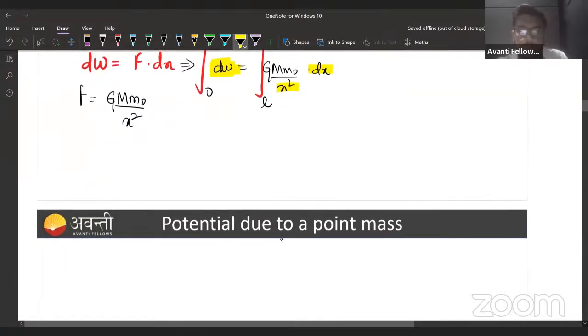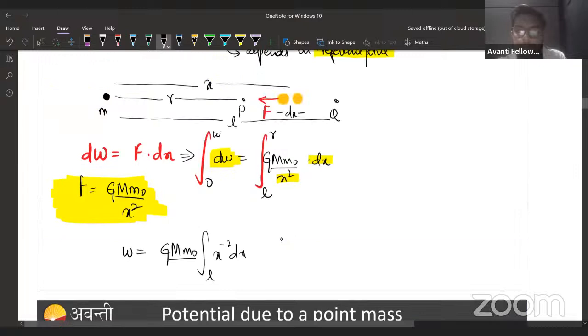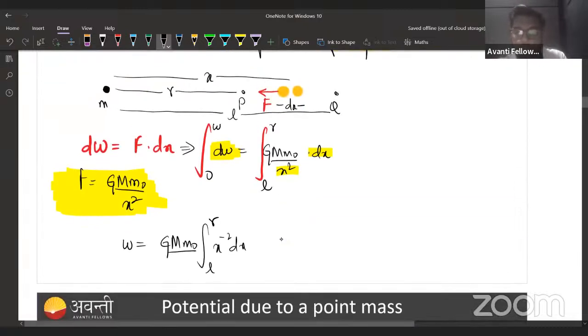Substitute it here. Let me just highlight this so that you won't get confused. Now, this becomes work done, right? That will be equal to G M m naught by x to the power minus 2 dx, L to R. So what will happen? After integration, x to the power minus 2 will give x to the power minus 1 divided by minus 1, right?